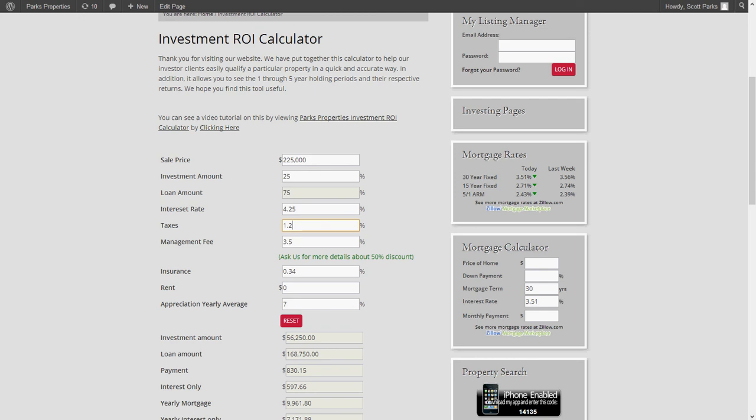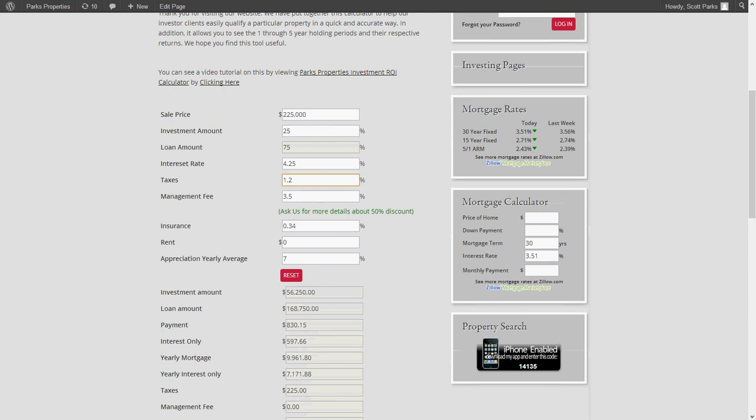For the insurance, it's a real easy calculation as well. It's typically 0.34% of the value of the property. Most properties in the $200,000 range will be about $60, $70 a month, depending on the age, but something in the 90s plus to 2000 plus should be around that price.